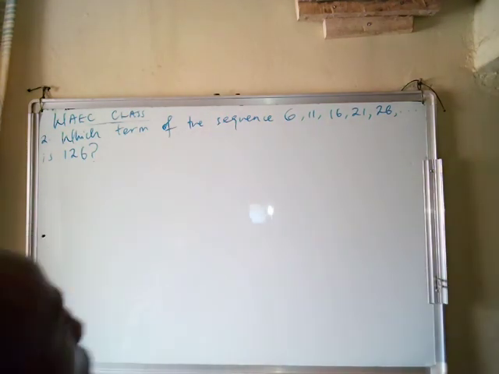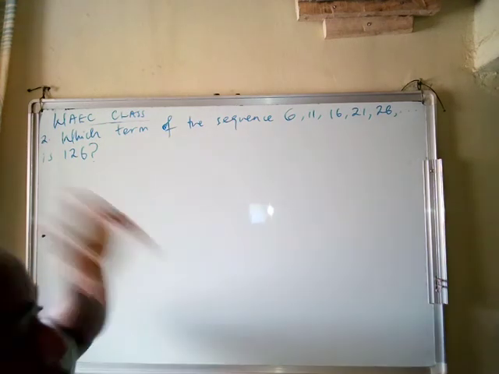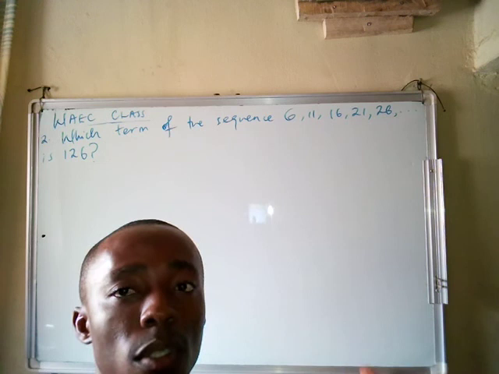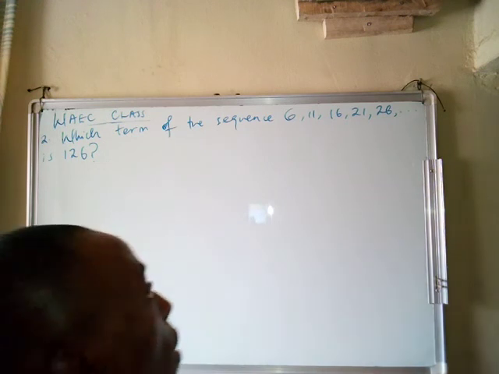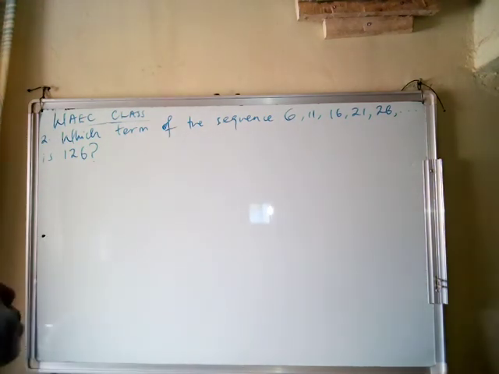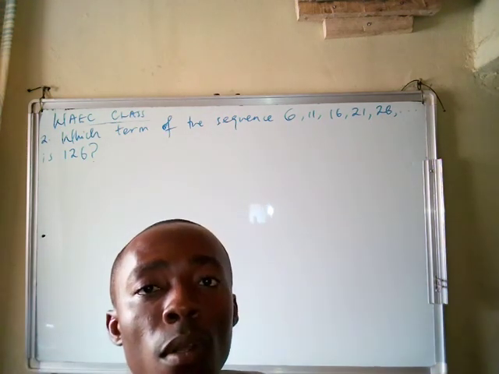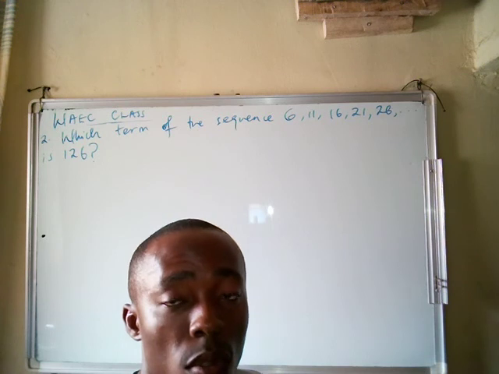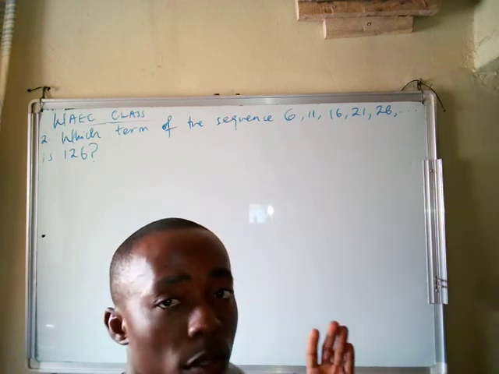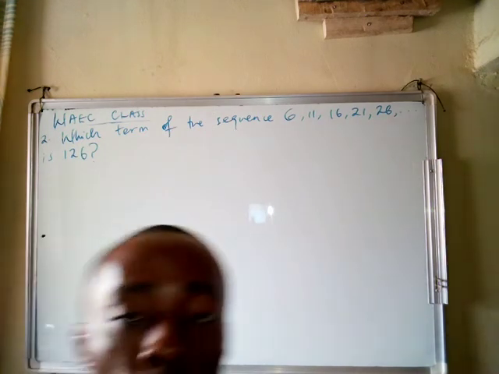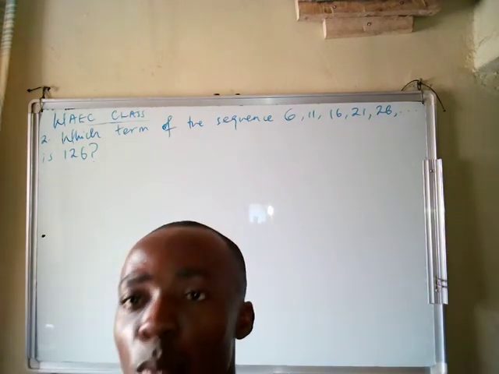They've not said this is the term that we're looking at. That's why they say, which term is this? Usually what they will say is, find the 14th term, find the 13th term, find the 100th term. That's what they will do usually. But this is different. They have given you the figure in that term and asked you to find the term.